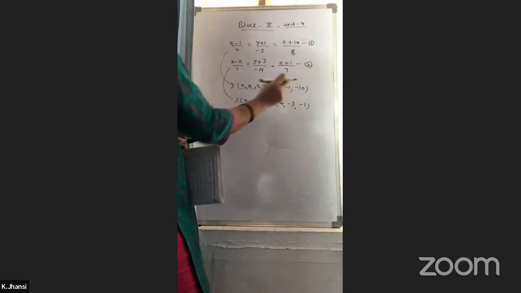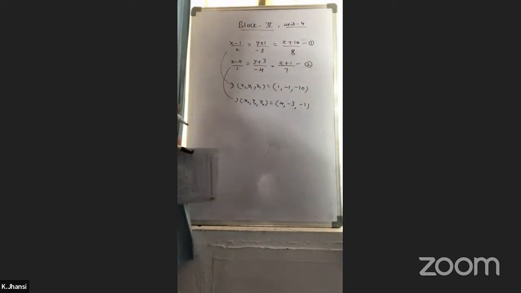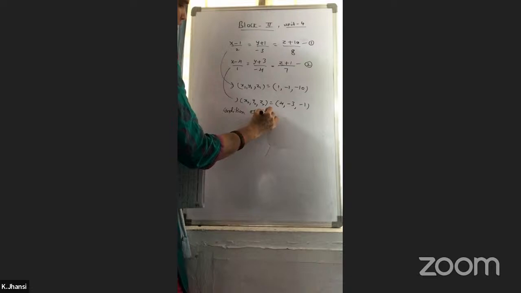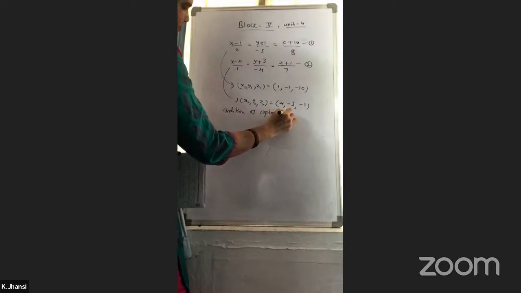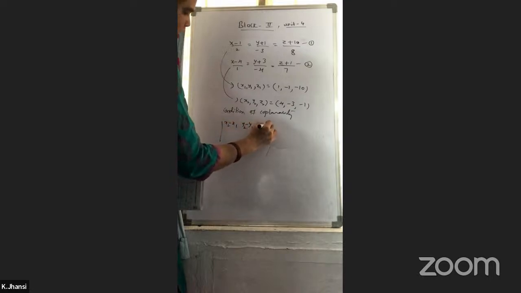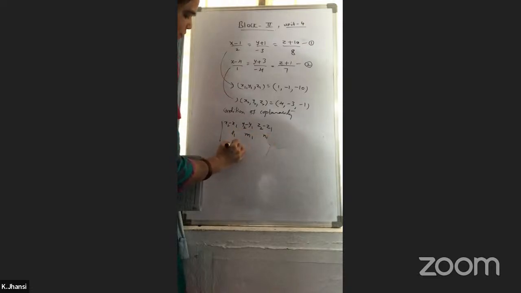These are the values for the two lines. So the condition of coplanarity is the determinant of x2 minus x1, y2 minus y1, z2 minus z1, L1, M1, N1, L2, M2, N2.